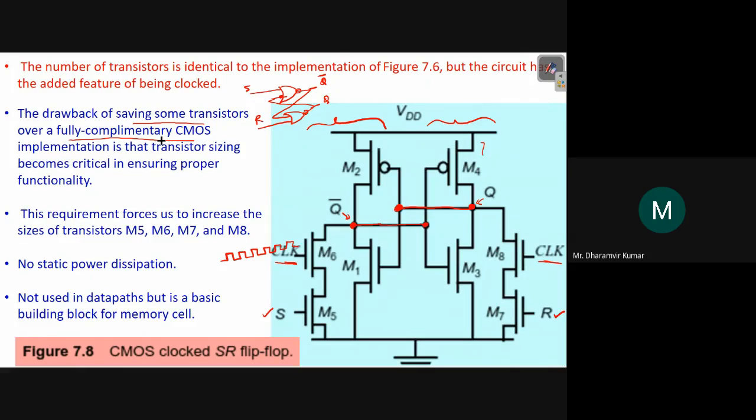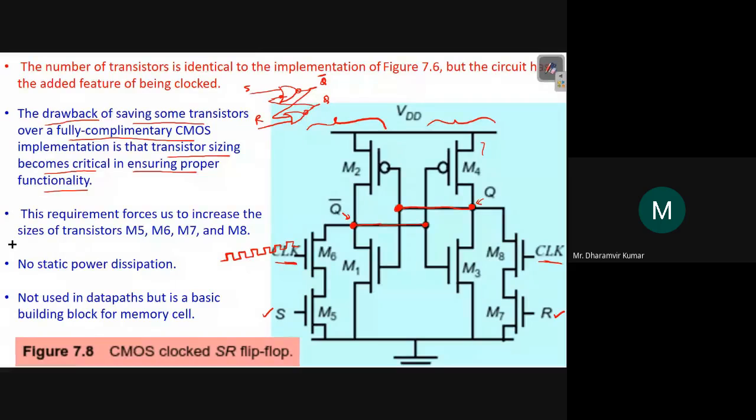Saving some transistors over fully complementary CMOS is a good thing, an advantage, but there is a drawback also. Whenever we use a ratioed circuit, we need proper sizing of the transistors, otherwise the functionality will be affected. So transistor sizing becomes critical in ensuring proper functionality of the circuit, and it should be done with utmost care, otherwise it may not give us the functionality we want.